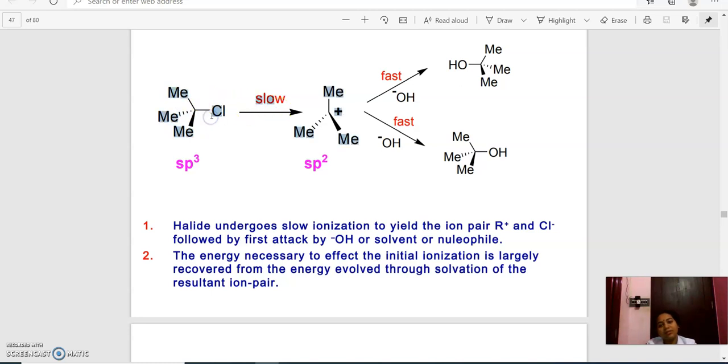The chlorine will be removed from here and a carbocation forms. Then the nucleophile can attack either from the front side or the back side, and we'll get two types of compounds. If it attacks from the back side, we'll get this compound. If it attacks from the front side, we'll get this compound.